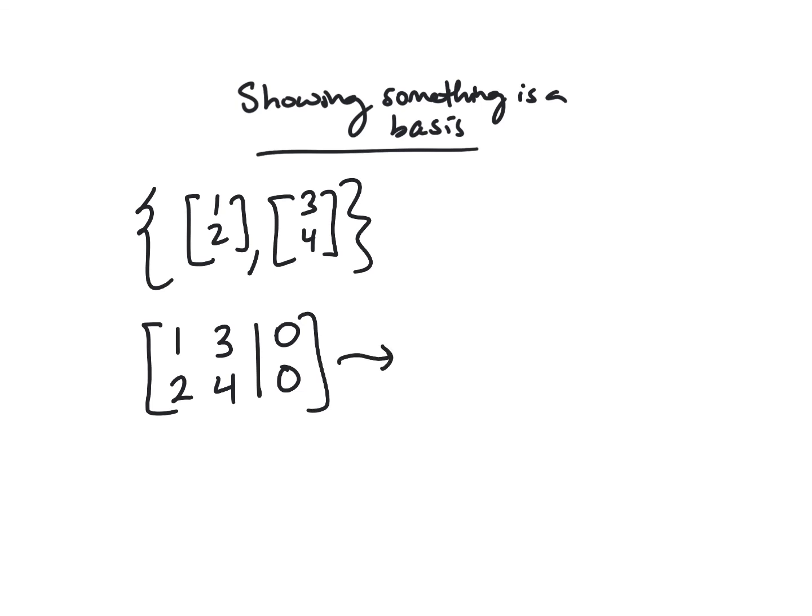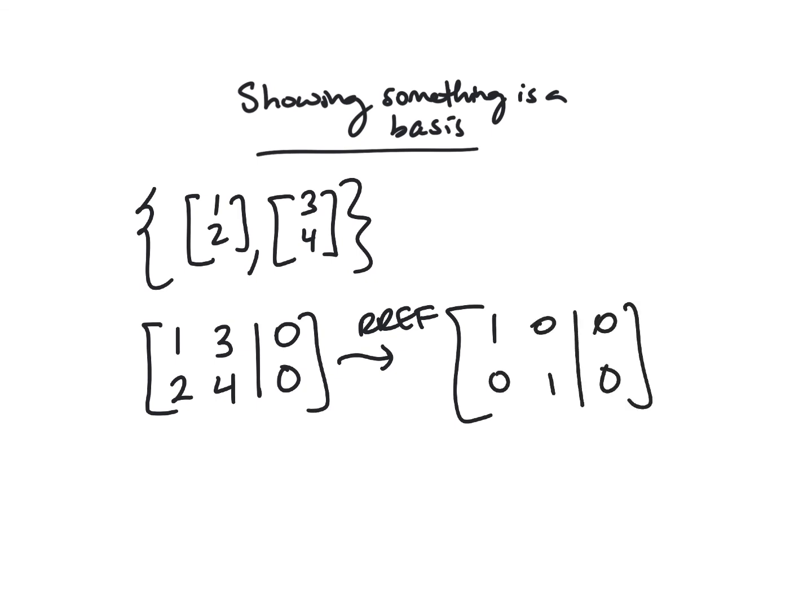In this case, my row-reduced echelon form does turn out to be this, and thus we would know that C1 is 0, C2 is 0, and so these are linearly independent. We have pivots in both columns.